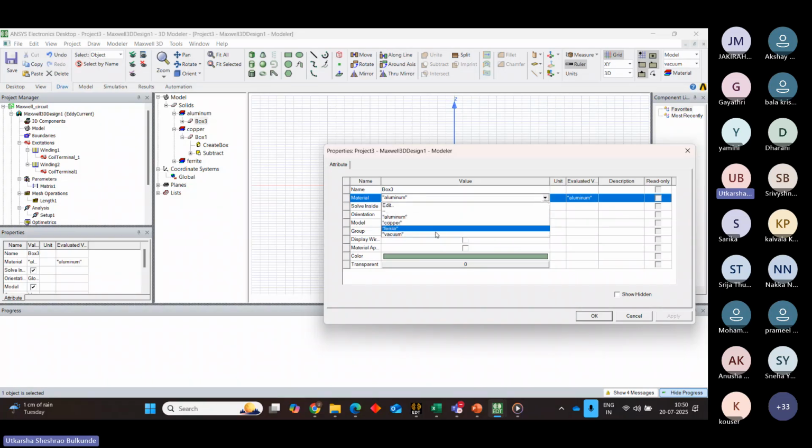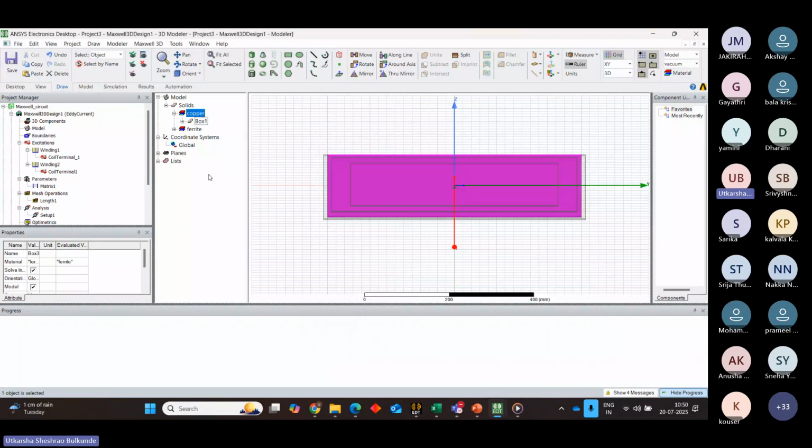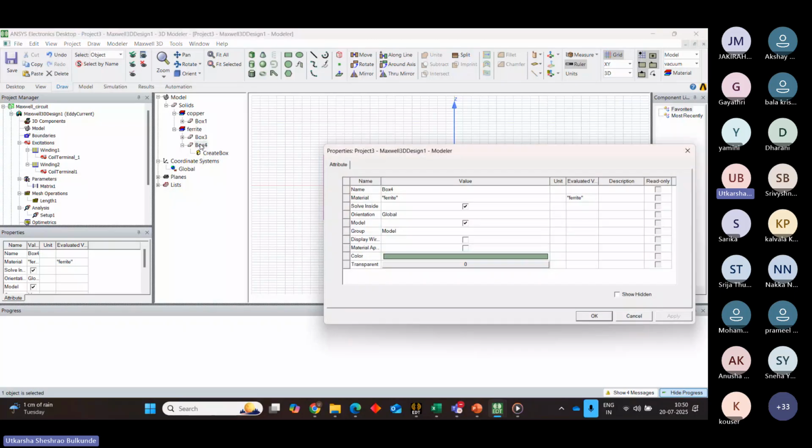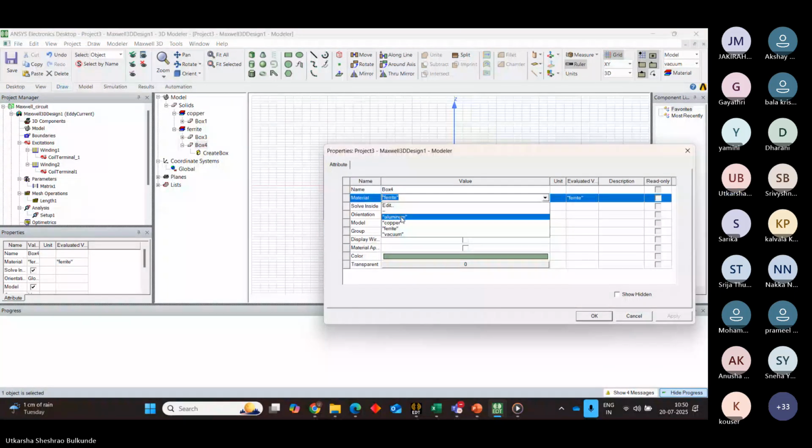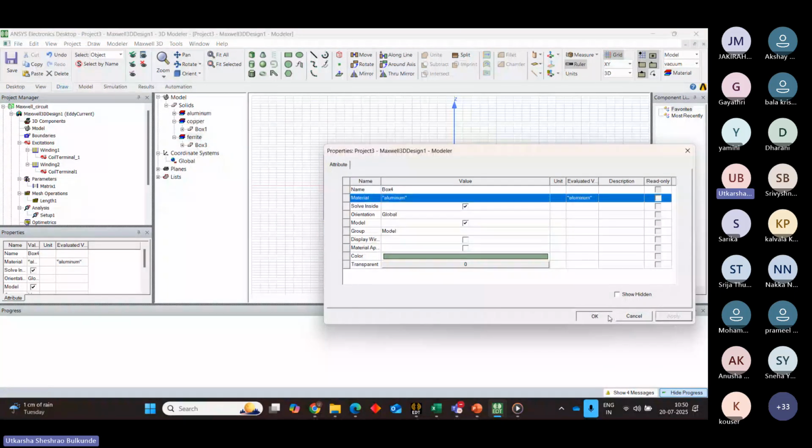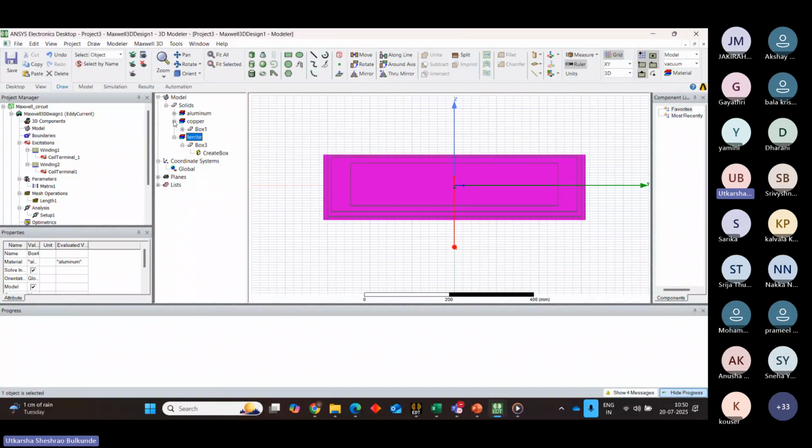Box 3 is ferrite. Sorry, by mistake I've changed the materials. And box 4 is your aluminum. Okay, now it's done.